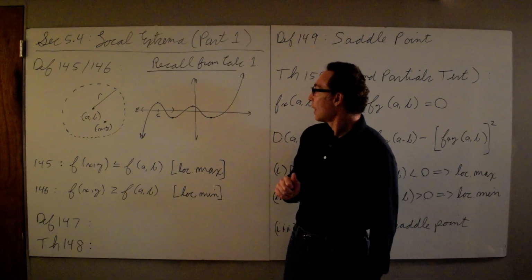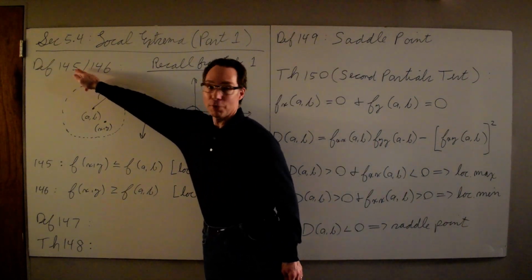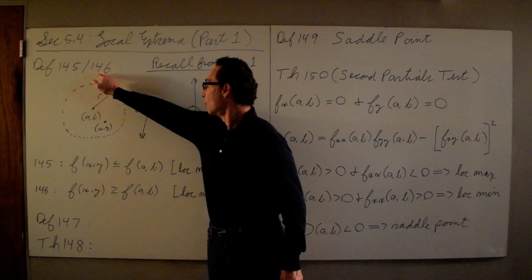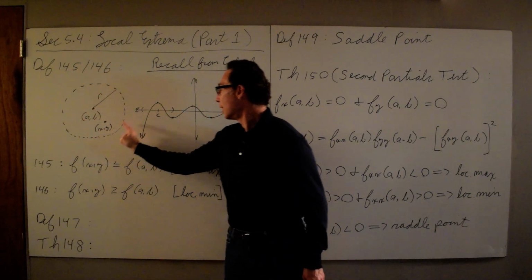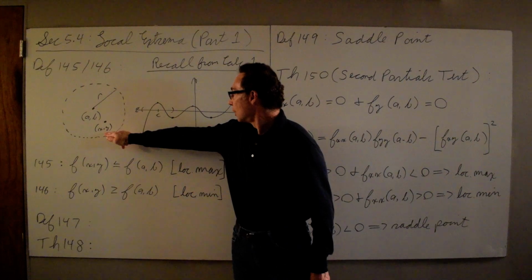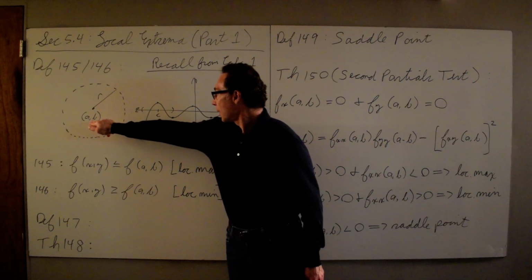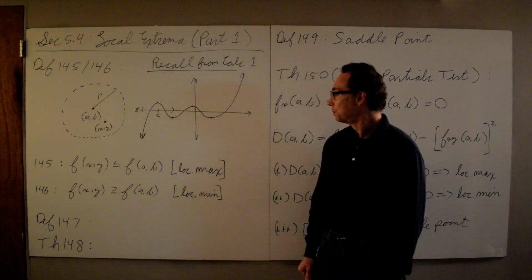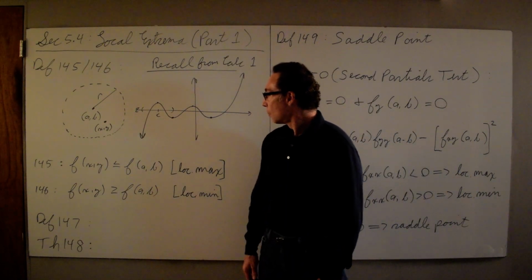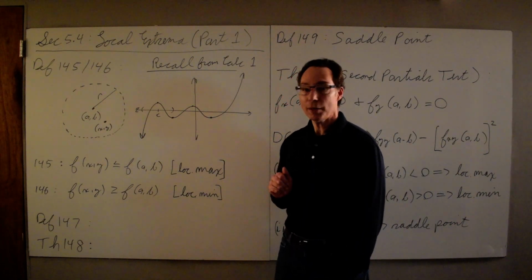That is what that was in this definition. These definitions 145 and 146, that's what we're saying here when we talk about the distance between (x, y) and (a, b) being less than r.